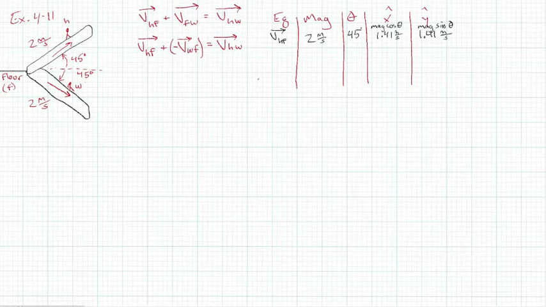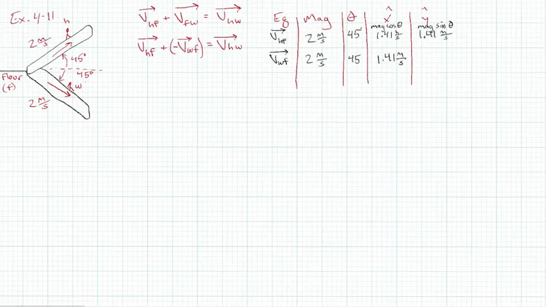But the velocity of the wife to the floor, well, the magnitude is still 2 meters per second, and the angle is still 45 degrees. But the x component is still going to be positive 1.41 meters per second.